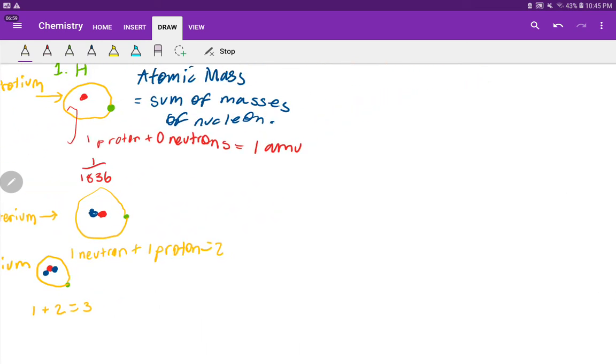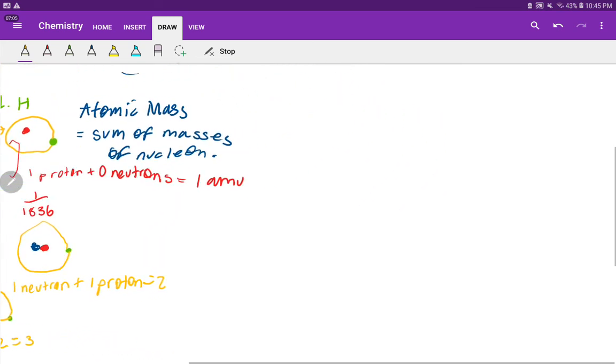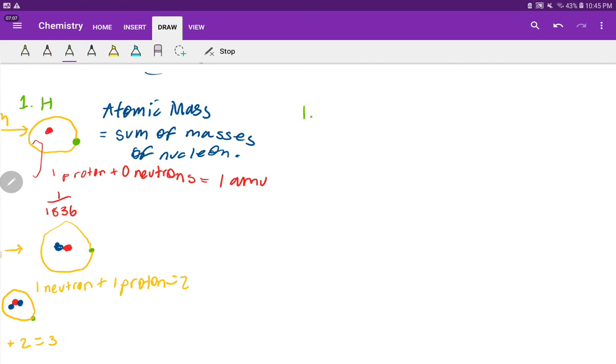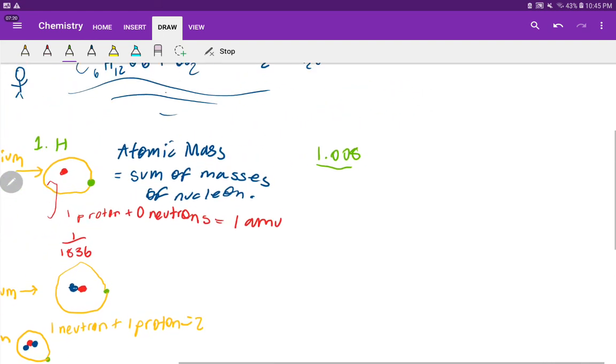However, on the periodic table, you don't see any of these numbers. You get a number for hydrogen that says 1.008. So, why is it 1.008 and not 1, 2, or 3? Well, the periodic table actually describes the atomic weight.